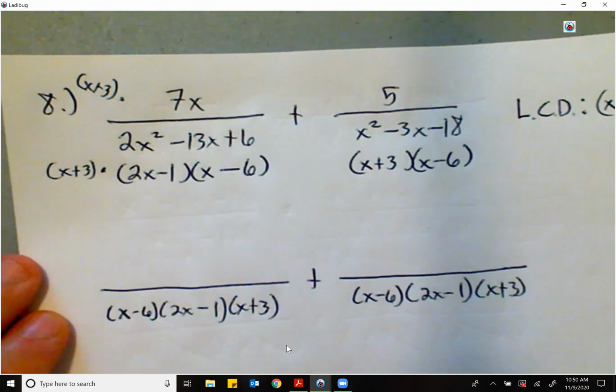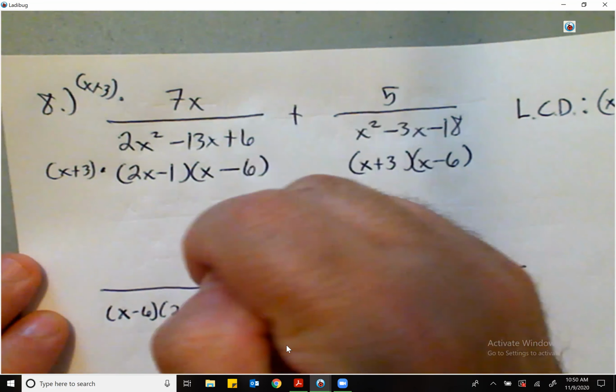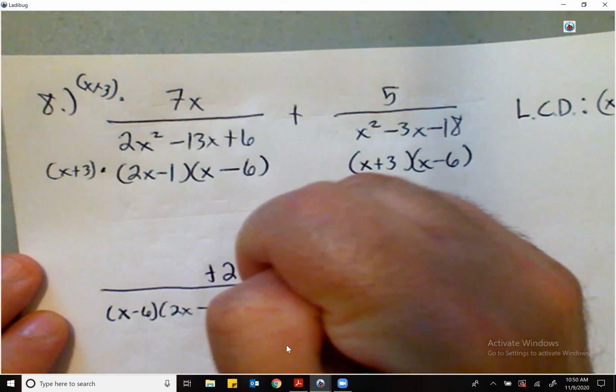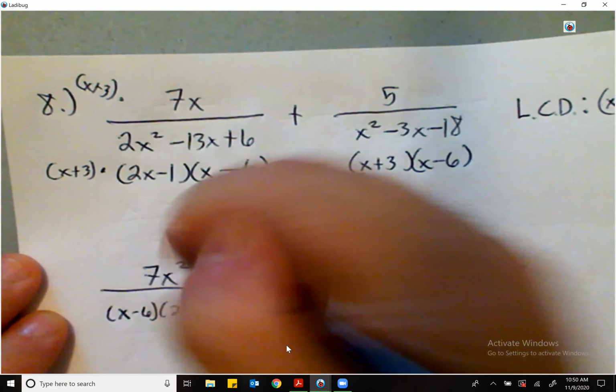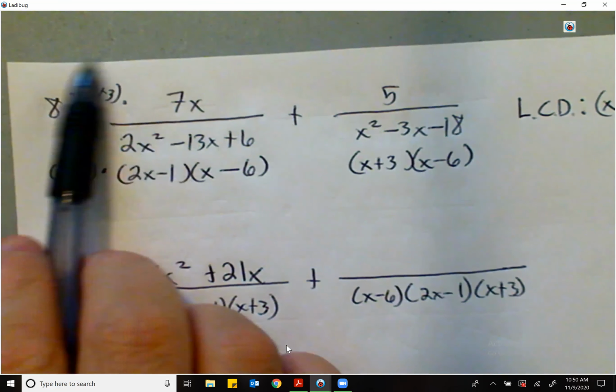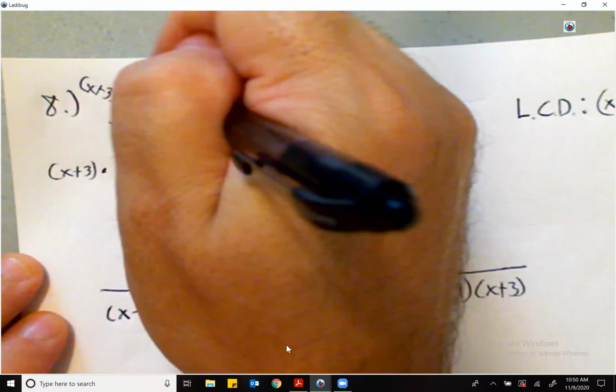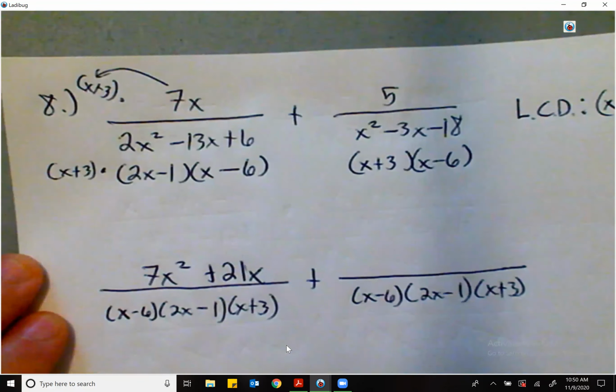All right, now what? Don't combine the denominator. Factor. We need to see if this factors. Does that factor right there?